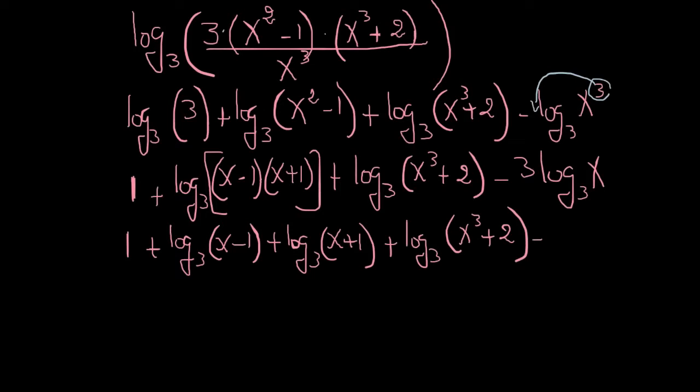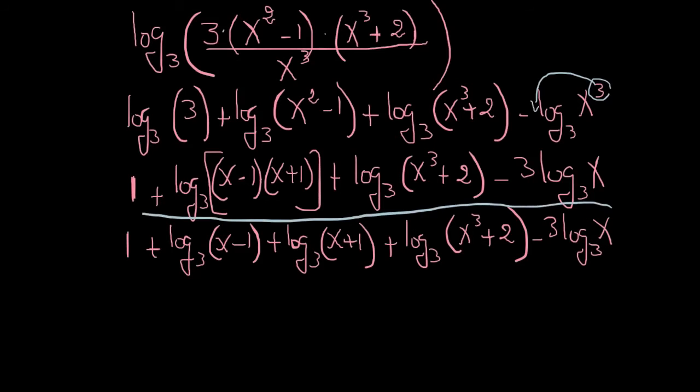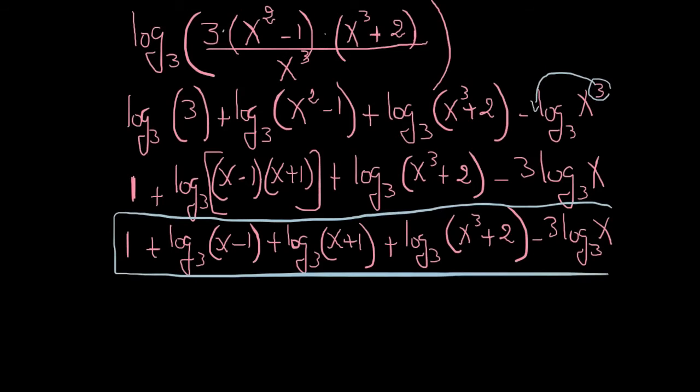And that is the most simplified form for the last log, which is log base 3 of x. After this, I can't go any further, so I expanded log base 3 of 3 times x squared minus 1 times x cubed plus 2, everything over x cubed, to what I have written on the bottom over here. So that will be the expansion for this example.